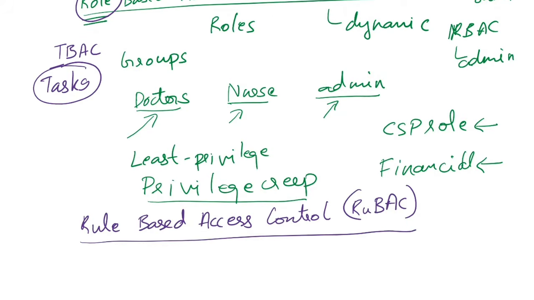So the next non-DAC model is rule-based access control. Here, the access is provided based on a set of predefined rules, filters, restrictions. These rules are global rules, that is, they are applied to all the subjects, and these rules are defined by the system admin.